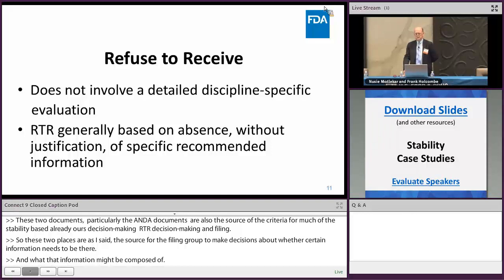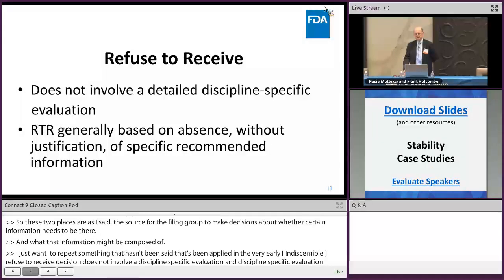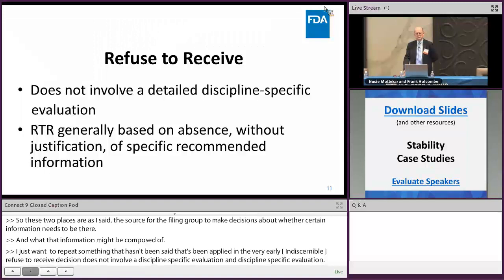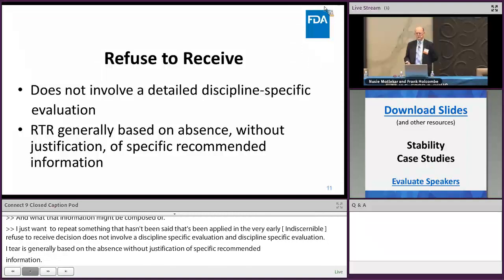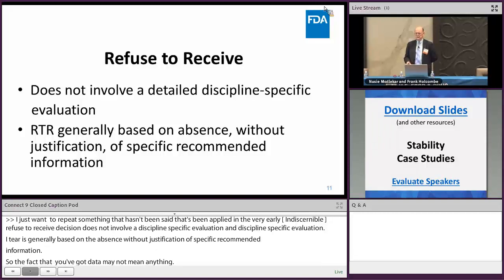The RTR is generally based on the absence, without justification, of specific recommended information. So the fact that you've got passing data may or may not mean anything, depending on what other supporting information is around the context of the stability values you have.